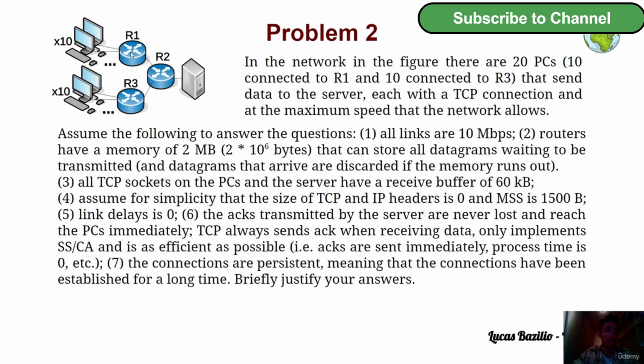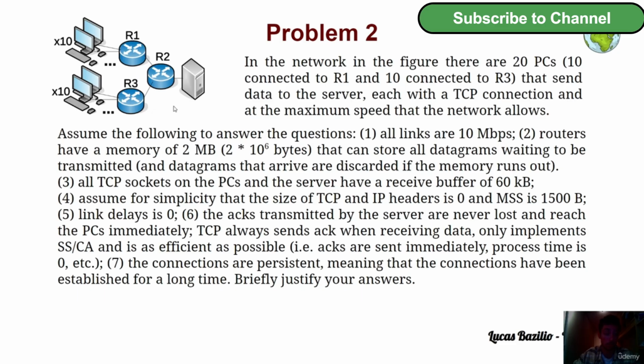Keep in mind that all of the PCs are transmitting data to this server: the 10 PCs over R1 are transmitting information to the server, and the other 10 PCs are also transmitting information to the server. What is going to happen? Remember the first assumption: all links are 10 megabits per second.